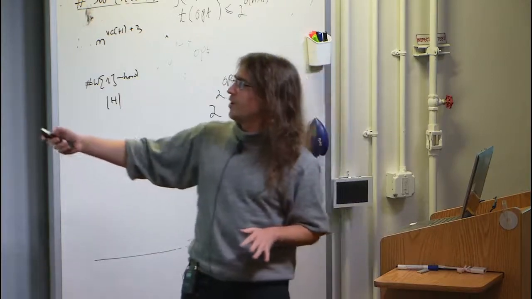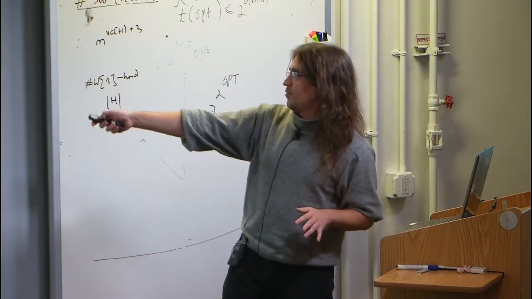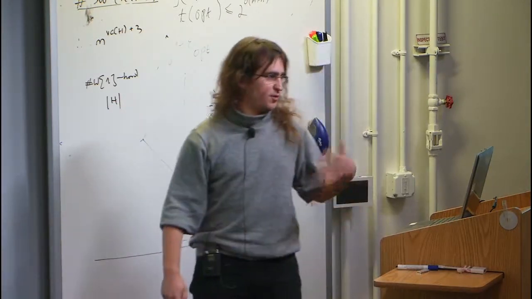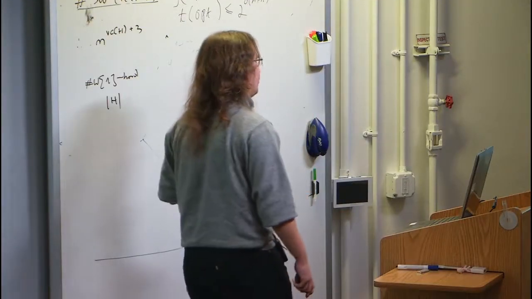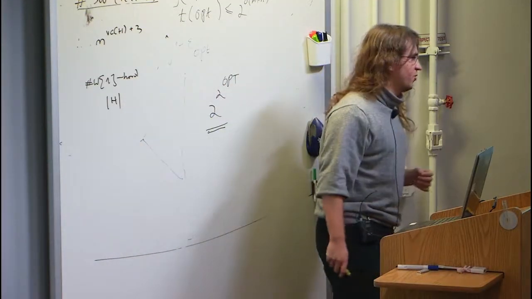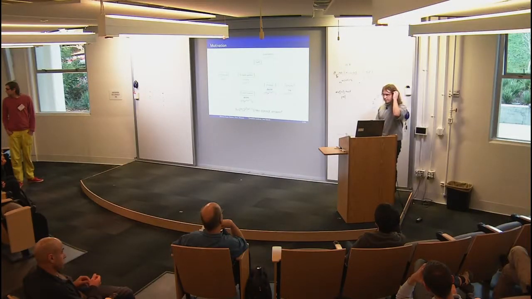So whenever you have a class that is, for example, a subclass of chordal graphs and for which we have this kind of reduction, for example, cluster graphs, which are much simpler, and they are chordal. For them, we have no sub-exponential algorithm lower bound. Yes, co-cluster, because for cluster deletion, we have a matching lower bound.